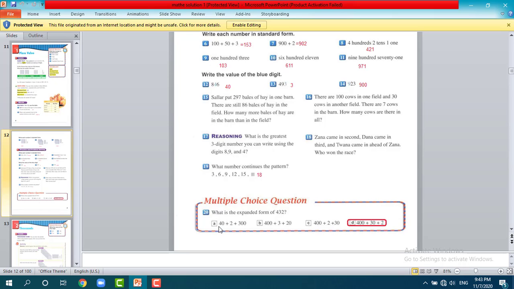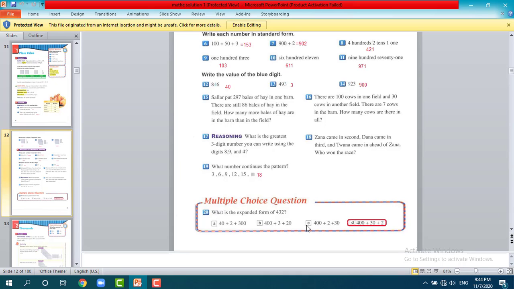In A, it says 40, but the 4 is hundreds, so A is not true. In B, it says 4 with 2 zeros added, and it's 400, so that is true. After that, it says 3, only 3, and 3 is tens in here, so B is not true.